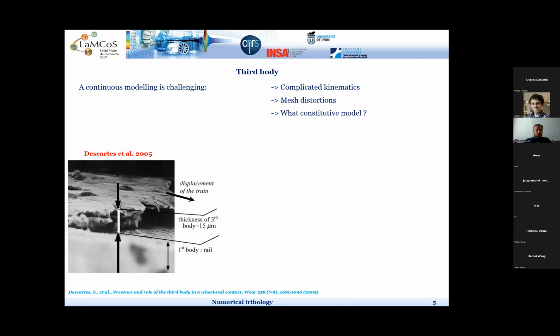We can use continuous modeling. That's the first reflex of the engineer, but it's extremely challenging because there are some very complicated kinematics. We can expect a lot of mesh distortion in this layer, and we don't even know what would be the proper constitutive model for this.